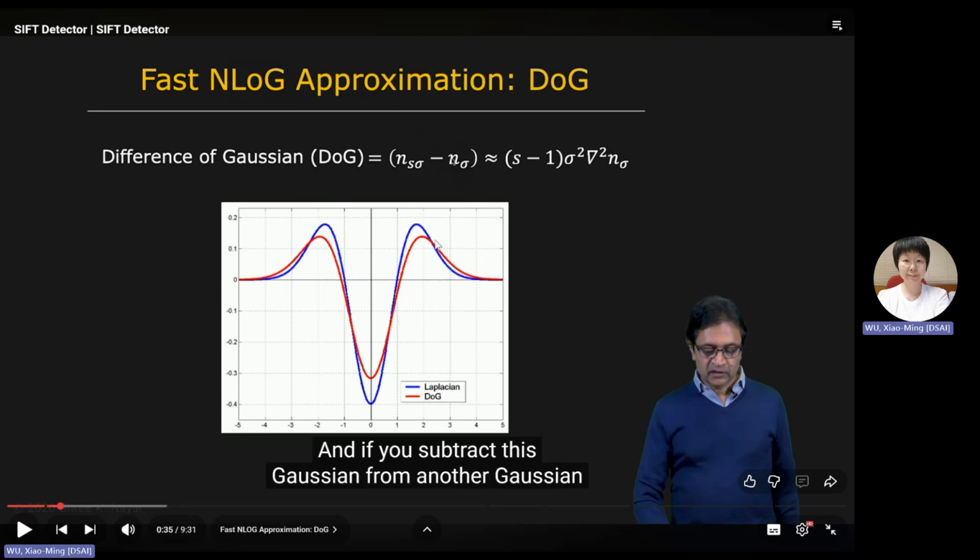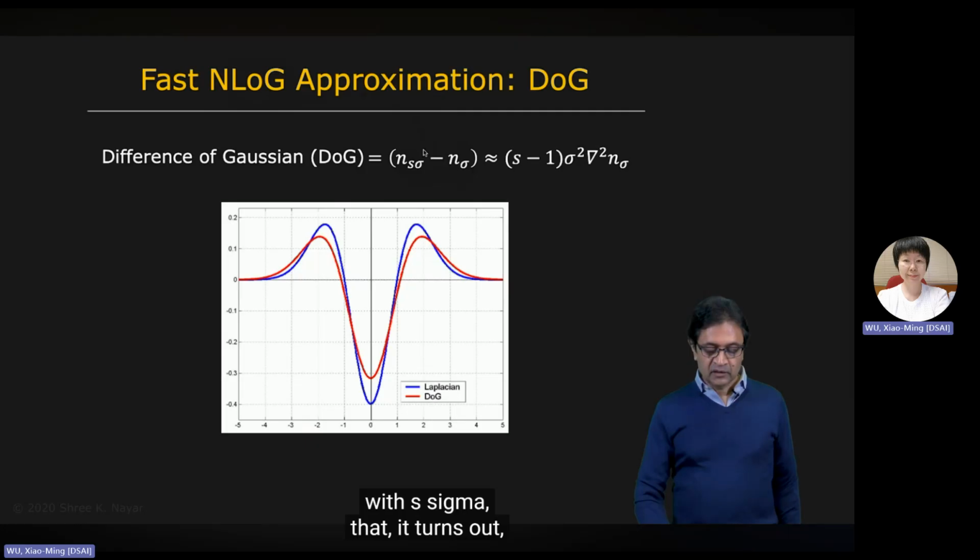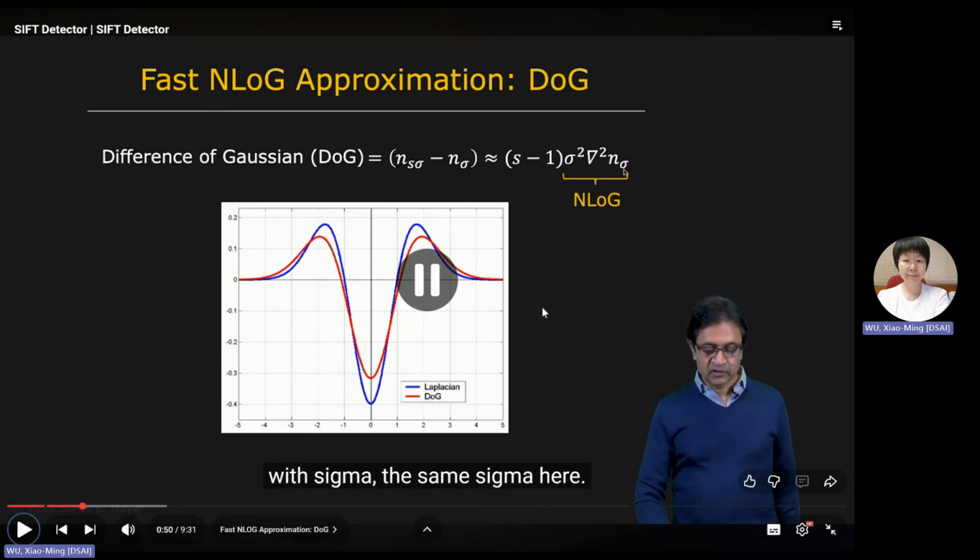So the purpose is to speed up computation, because it's easier to compute difference of Gaussian than LoG. Subtract this Gaussian from another Gaussian with s sigma. That, it turns out, is a pretty good approximation to the normalized LoG operator with the same sigma.